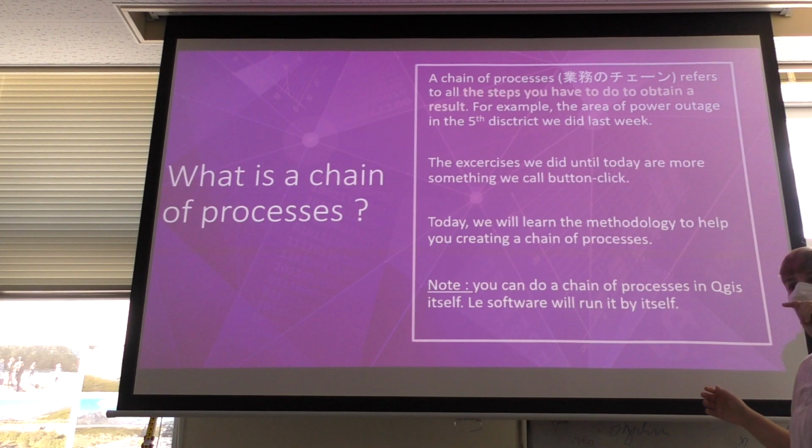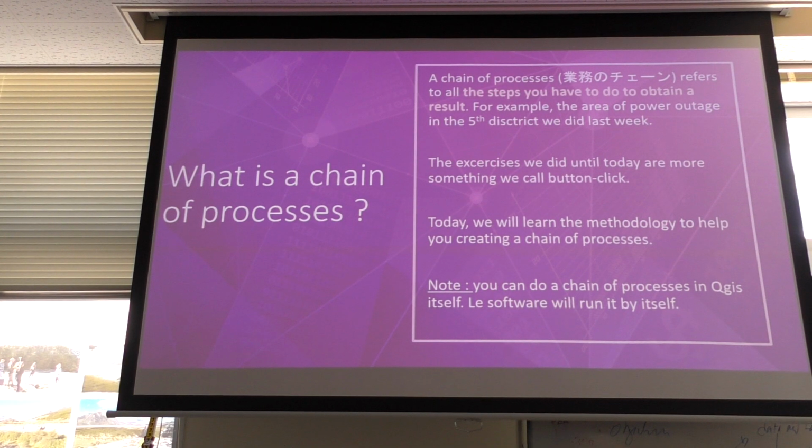And you just have to run it, and the software will do all the manipulation by itself. I will not explain it to you today, but I think you have a lot of resources on YouTube or the internet to do that. But be aware that you can do it. You can do the chain of processes in QGIS itself.